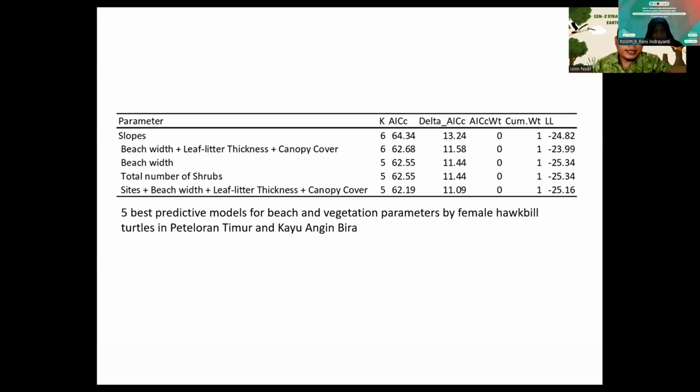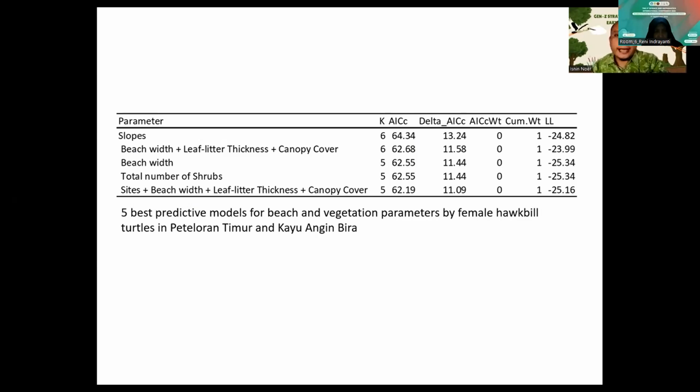Even though turtles in both islands were shown to have different preferences on which parameter, turtles in both islands exhibit consistent behavior in selecting sites close to the ocean. The variation in which parameter is selected by turtles between the two islands is assumed to be associated with slope and proximity to forest borders.